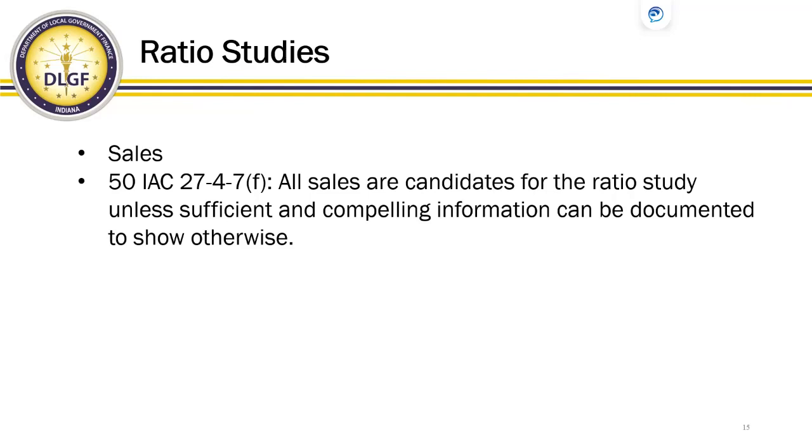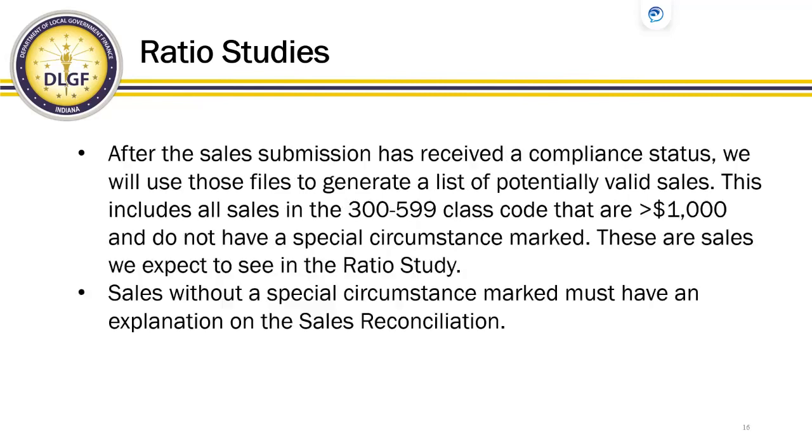It could be a sale that's not an arm's length transaction, maybe a situation where relatives are involved, such as a family member selling, parents to a child, or between cousins, or if the sale is under duress as a result of foreclosure, whatever the case may be. But we would expect all sales initially to be candidates for inclusion in the ratio study.